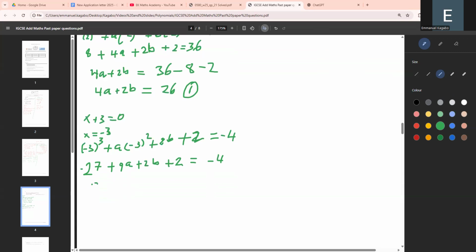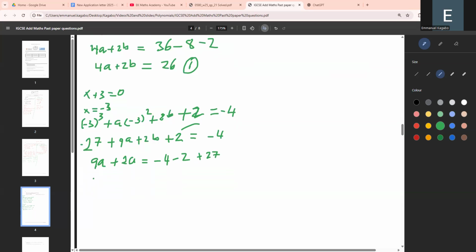The next step is collecting like terms. Here, what am I going to get? I'll get 9a plus 2b. Everything without a and b, I'm taking it to the other side of the equal sign, minus 4. Then this one goes to the other side, will be minus 2. And this one will be plus 27 because it's minus. And whenever a number crosses the equal sign, the sign changes.